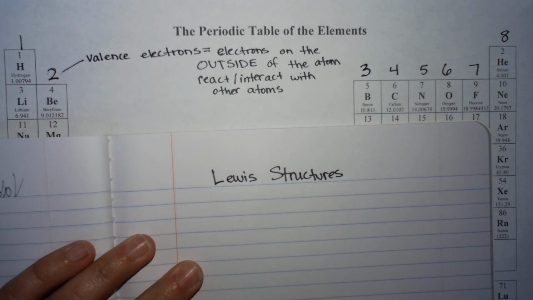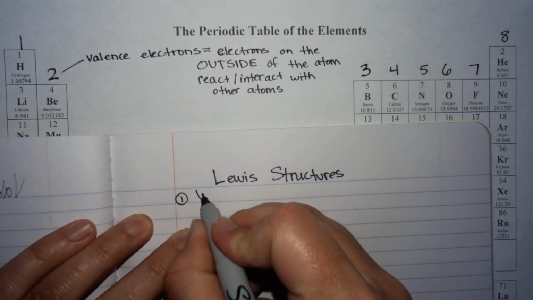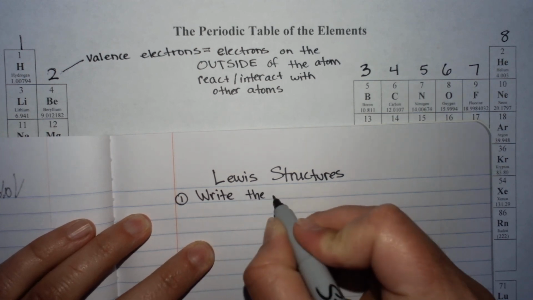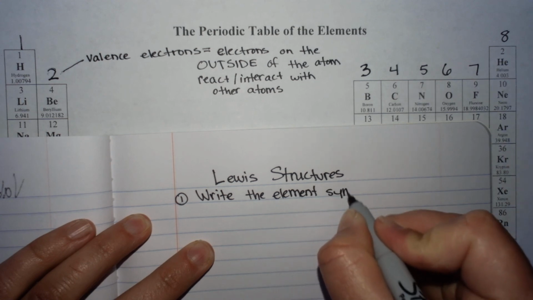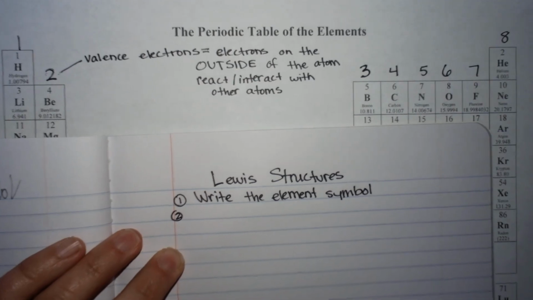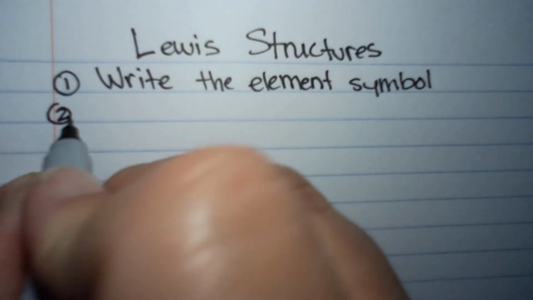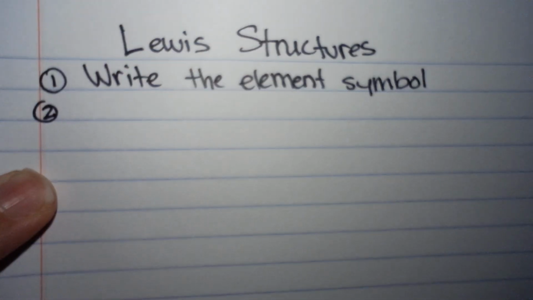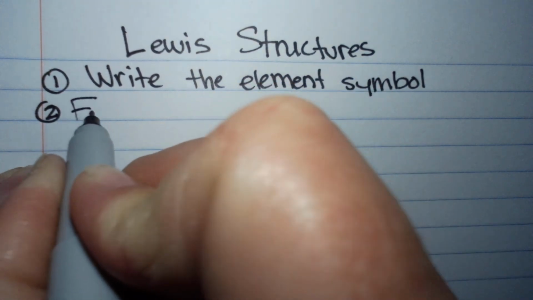Okay, so when we draw Lewis structures, the first thing we do is write the element symbol, and then you find the valence electrons.